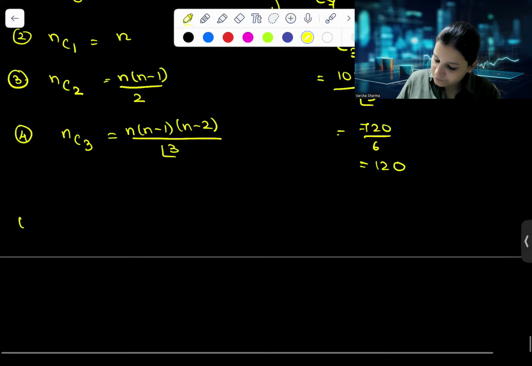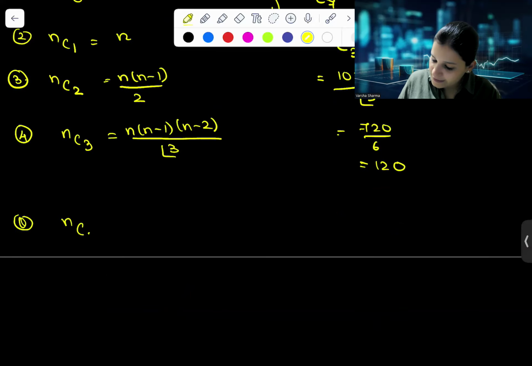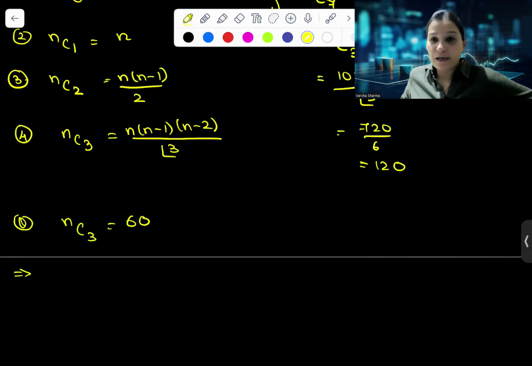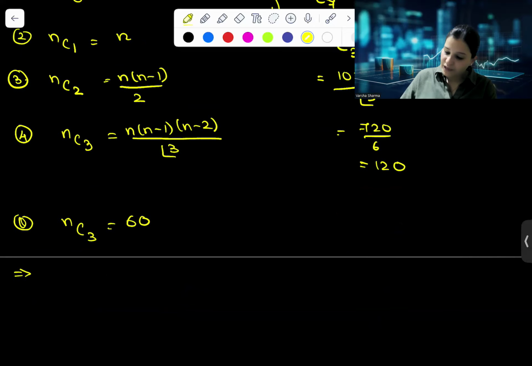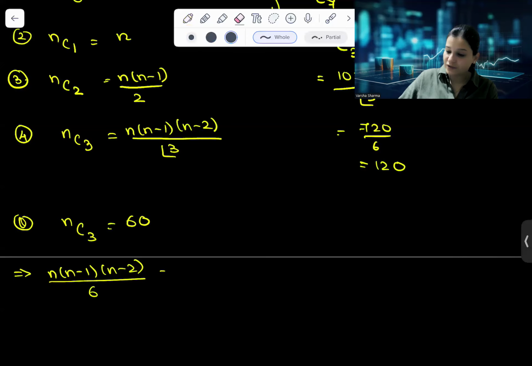Suppose I have nC3 equals 60. Since it is nC3, I can multiply 3 numbers and divide by factorial 3. So n, n minus 1, n minus 2, divided by factorial 3, which is 6, equals 10.